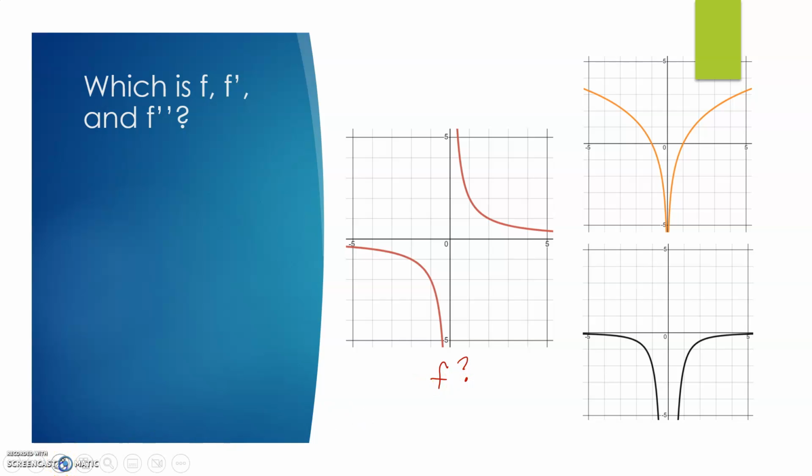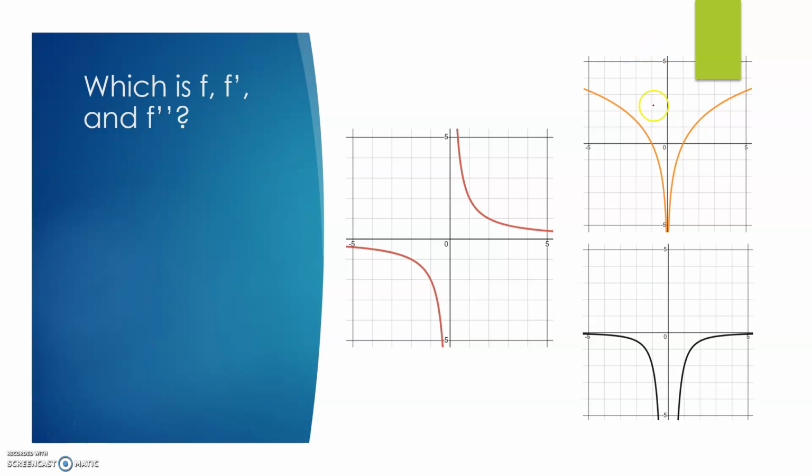Then I might think about the concavity of this graph, and say this graph is concave up when x is greater than 0. So if that's f, there should be a second derivative graph that is always above the x-axis when x is greater than 0. And that's not true for either of these two options. So this can't be a graph of f because neither of these graphs matches that concavity.